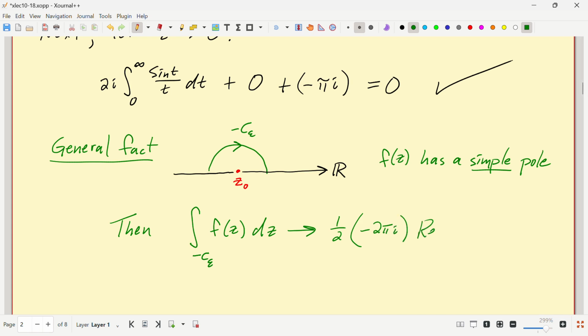So that would be the residue at z naught of f as epsilon goes to 0.